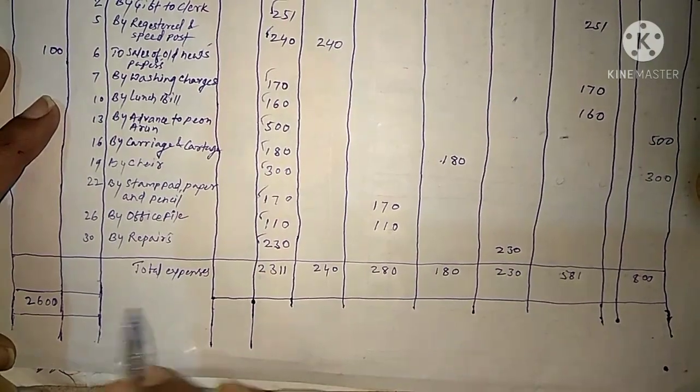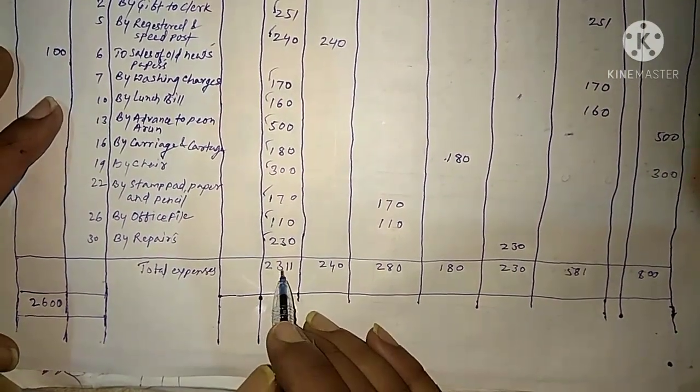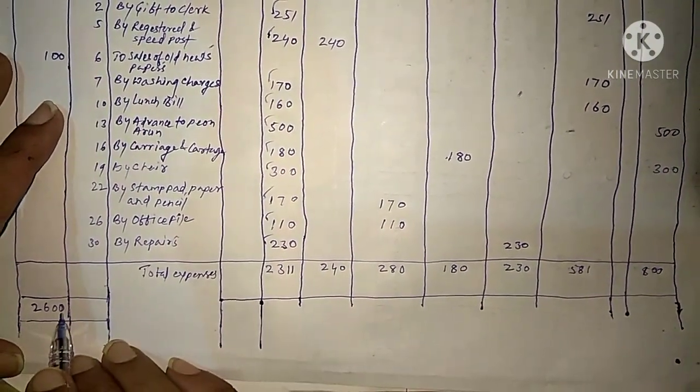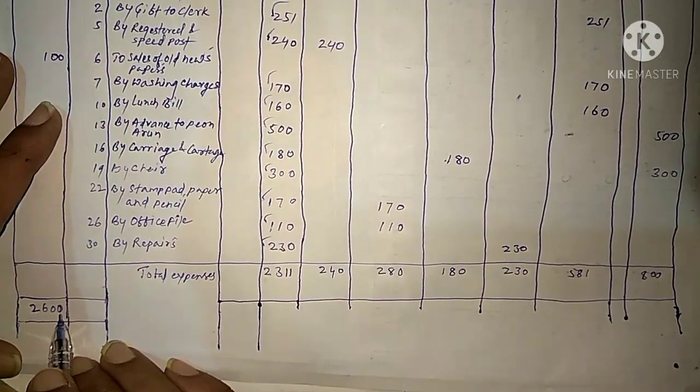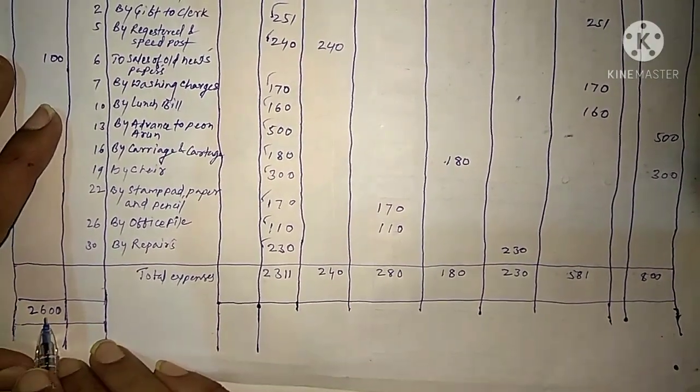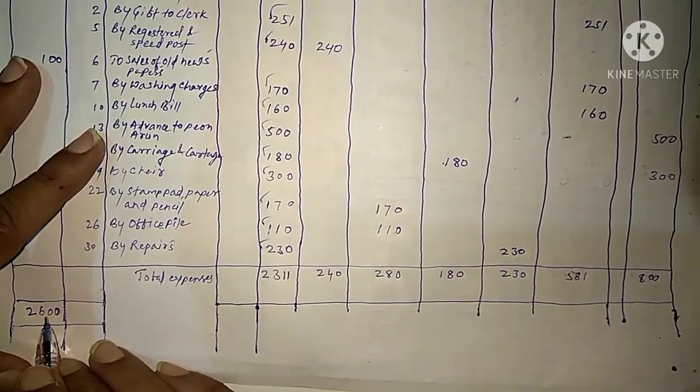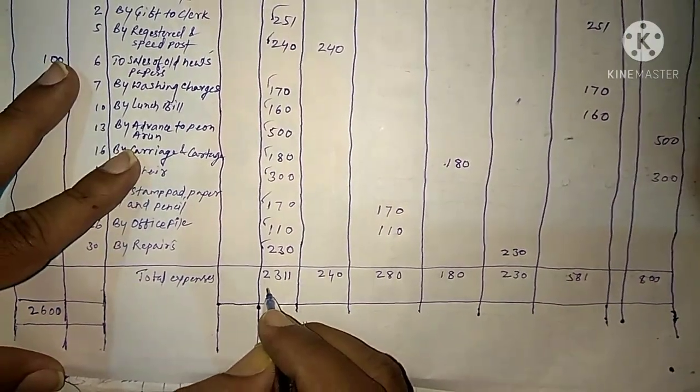And now we have to minus 2311 from 2600. So the balance will be, the remaining amount will left 289. So that is the closing balance.